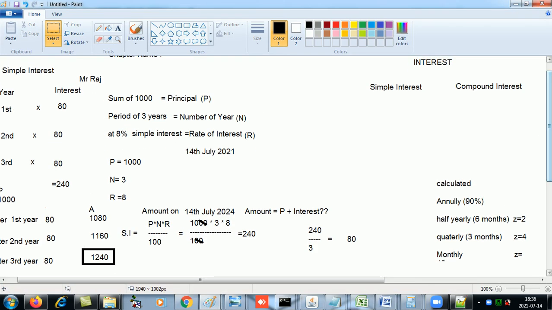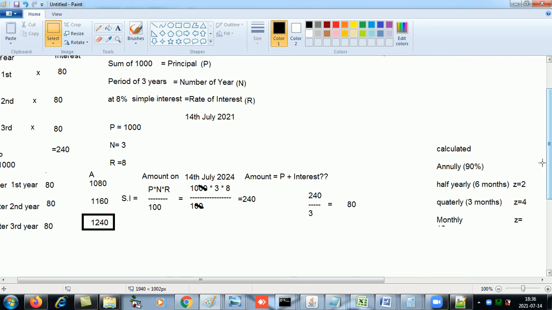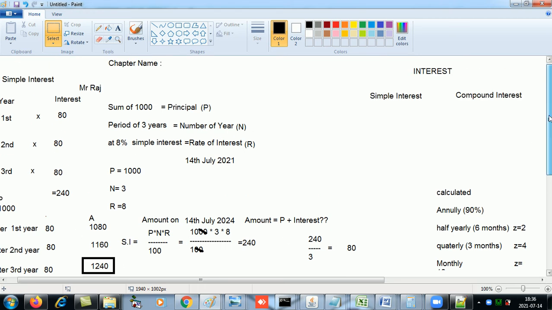Now this is your simple interest. There's one more formula to directly calculate the amount in simple interest. So what is the amount after 3 years? 240 is the interest.